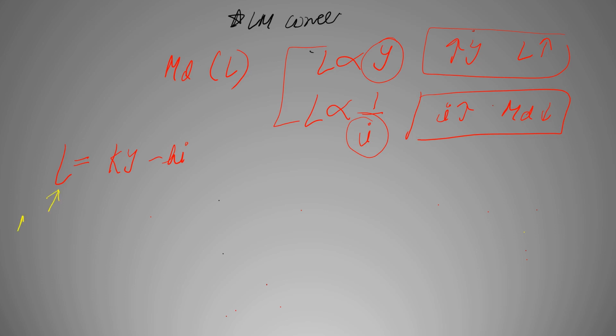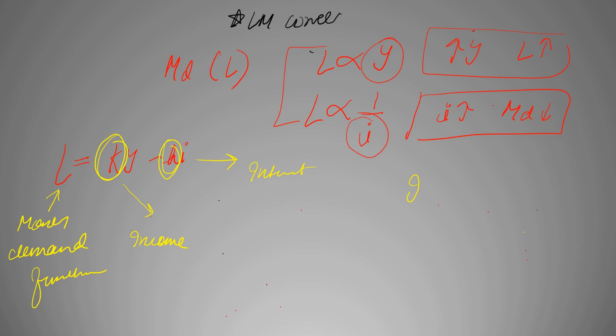L is your money demand function, Y is your income and I is your interest rate. We are aware of these things, right? But what are K and H? As in the IS curve, we realized that I is equal to this, where B was responsiveness, right? It measured the change in I due to change in Y, right?